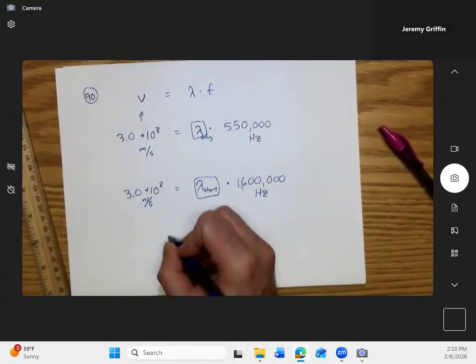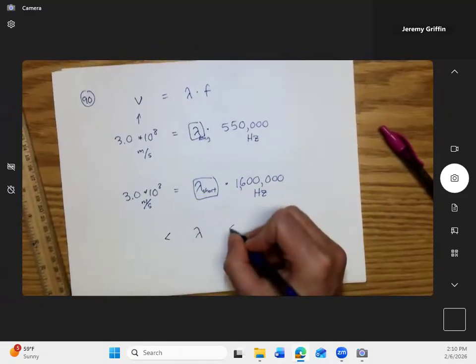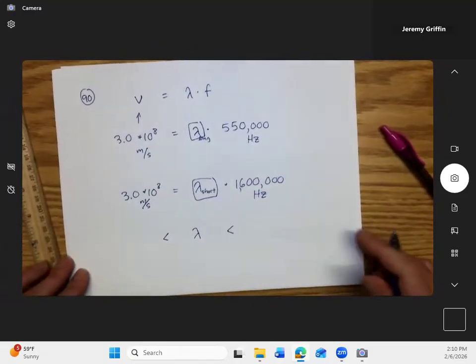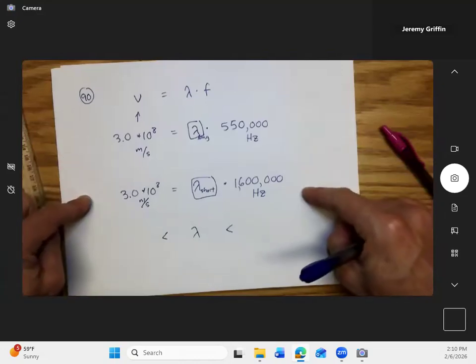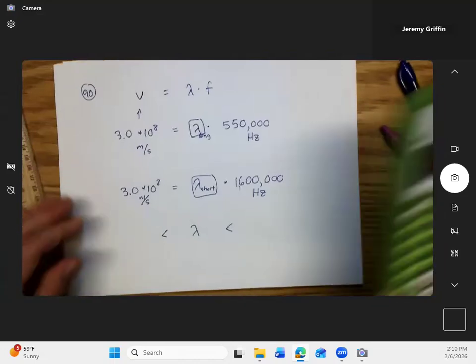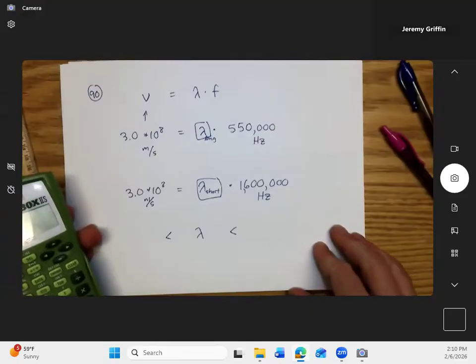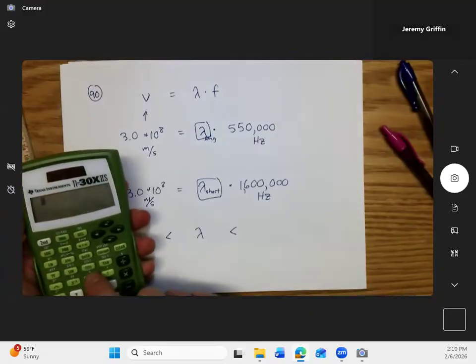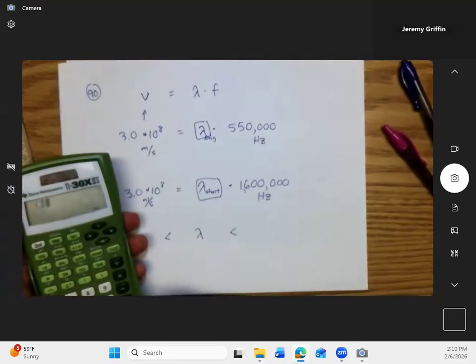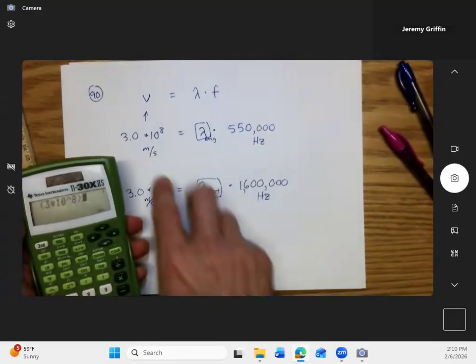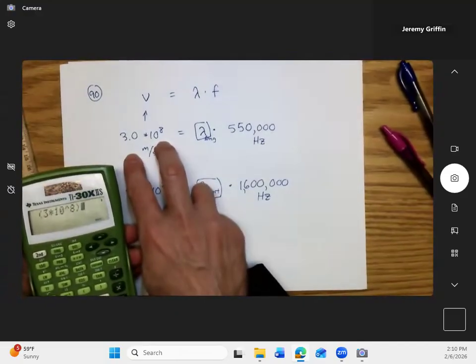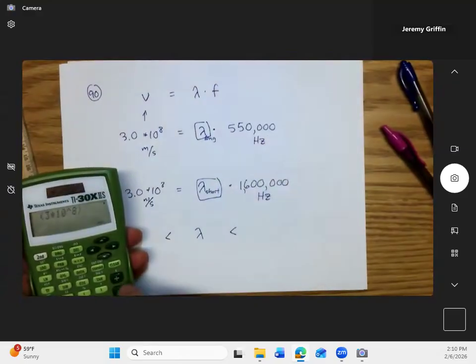Maybe I should write it this way: lambda is between something and something. We got the long wavelengths, we got the short wavelengths, and we're going to find out. In parentheses here is the speed of light, speed of EM.